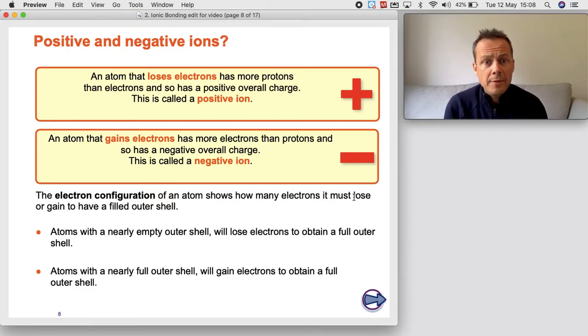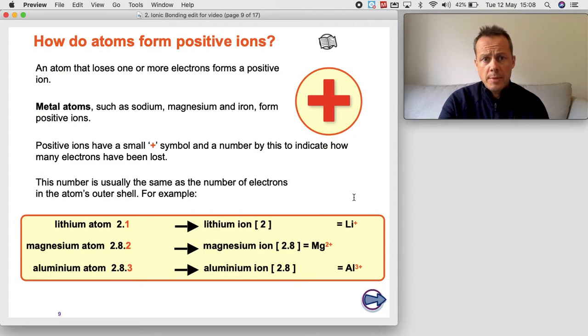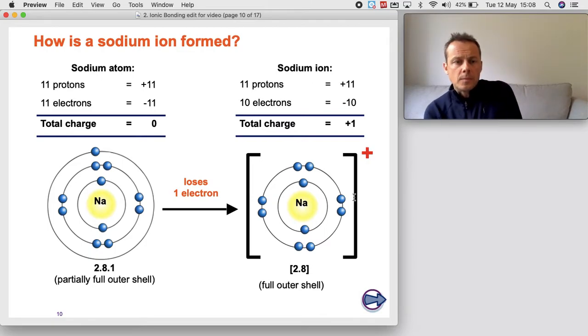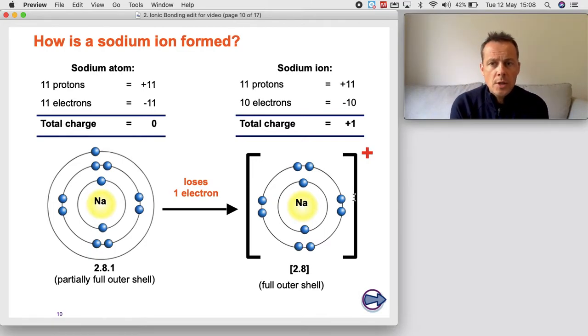We also have positive and negative ions to look at. So we'll go through and have a look at a diagram which will explain this in a little bit more detail. So if we look at sodium, sodium is in group 1. Sodium has 1 electron in the outer shell. So a sodium atom is unstable. It has 11 protons, taken from the proton number, and 11 electrons. That means that it has no overall charge.